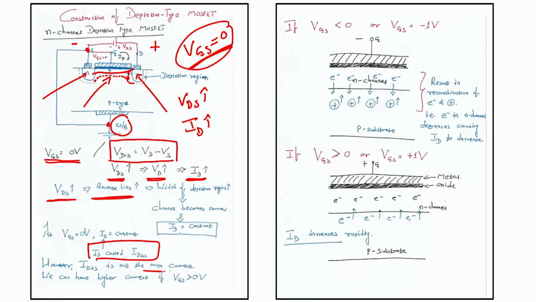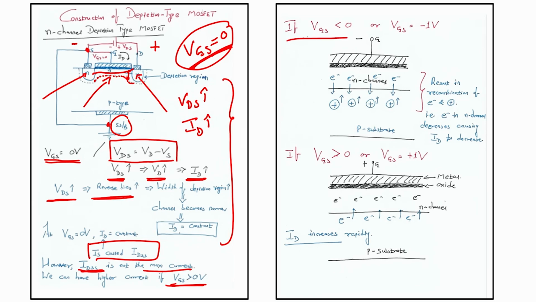We can have more than IDSS if we start increasing VGS greater than 0 volts, right. This was the condition when we have VGS equals 0 volt. But if I increase VGS greater than 0 volt, I will see an increase in the IDSS or the drain current ID. Easy. Now, if you see the right side of the slide, what do you see?